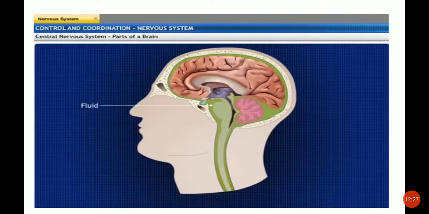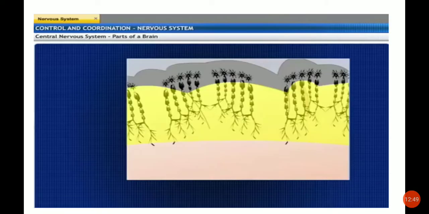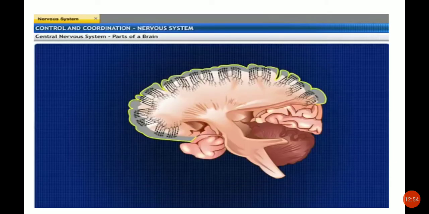Inside the cranium, the brain is contained in a fluid-filled space which provides further shock absorption. All the neural connections are concentrated in the brain. The cell body of the neuron is concentrated towards the outer region of the brain and the axon towards the inner region. This forms the grooves that are associated with the degree of intelligence.